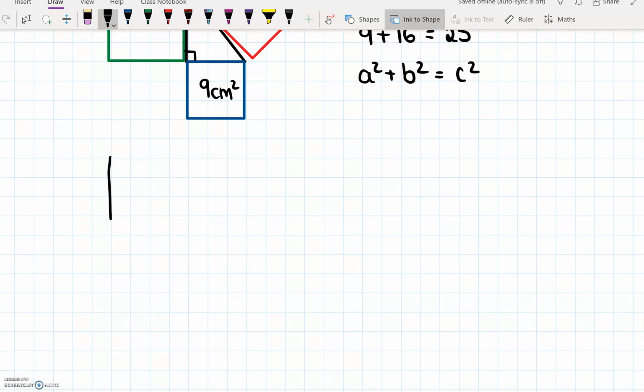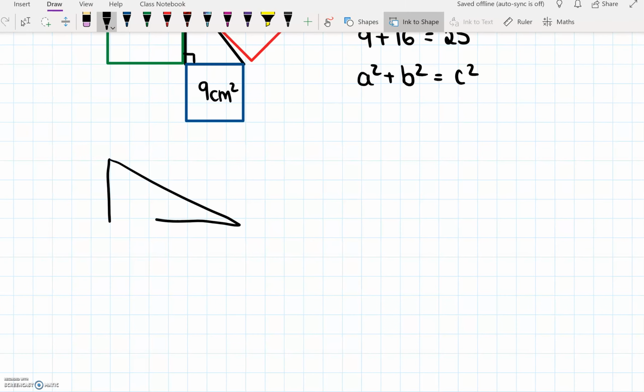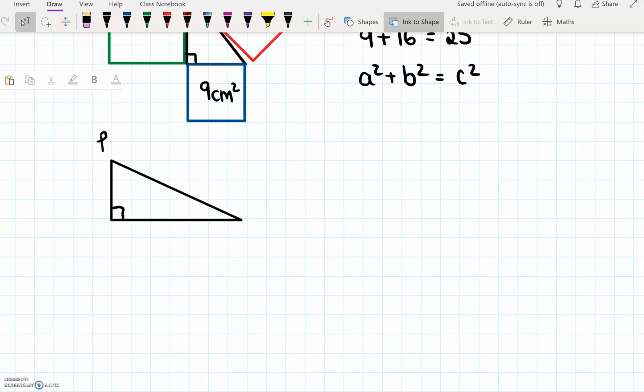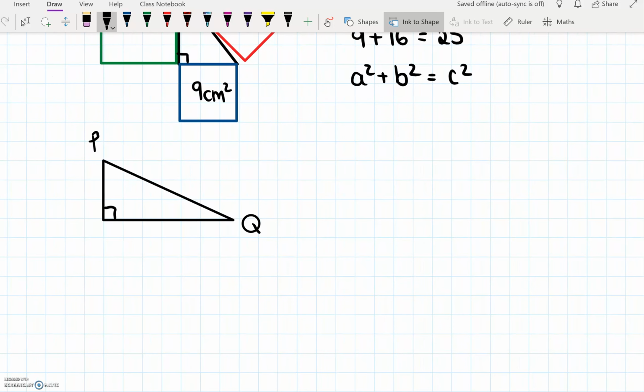So for example, if we have a triangle like this, and we're going to call the sides P, Q, and R, then I want you to think about how this triangle will be labeled and therefore what its Pythagoras theorem would be.